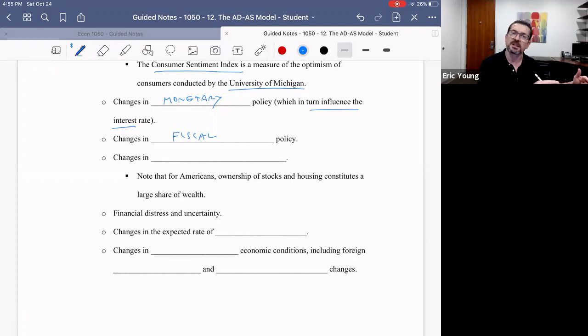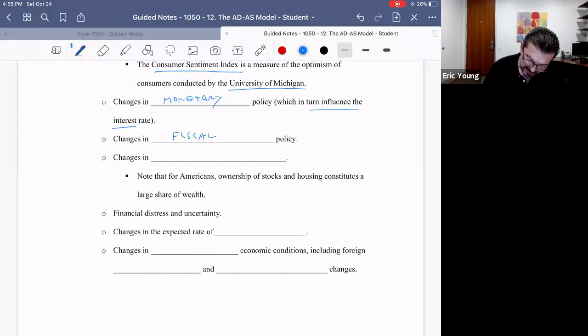So those two policies that we've covered in our last couple lectures, monetary and fiscal, we called them stabilization policies. We've called them government intervention policies. But at their core, from the ADAS framework, they're designed to shift the AD curve.